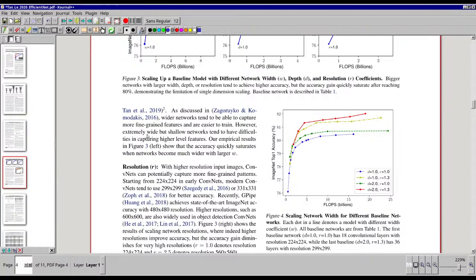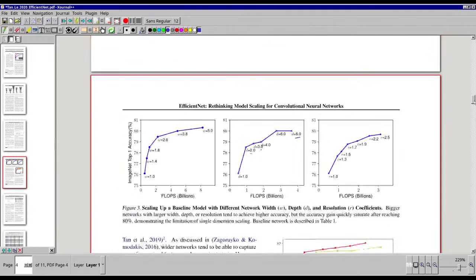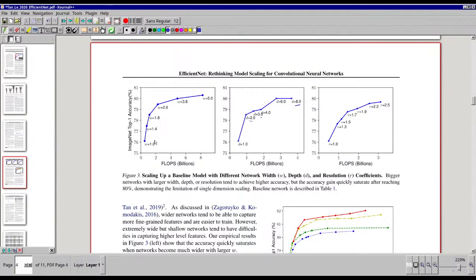However, extremely wide but shallow networks tend to have difficulty in capturing higher-level features. Our empirical results in Figure 3 left show that accuracy quickly saturates when the network becomes much wider with larger w. Quickly saturates. Is that the case? Yeah.